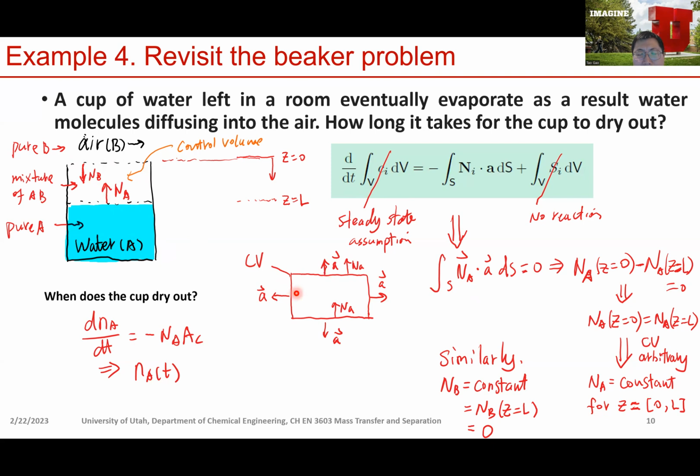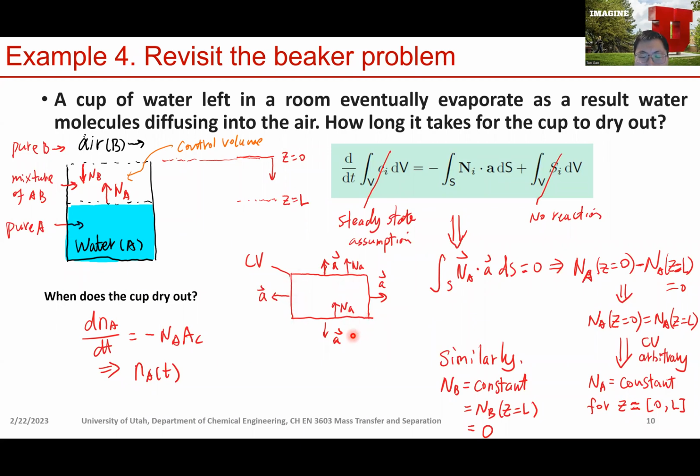When the water vapor is leaving the liquid water phase, the direction of the flux is pointing upward here, and it's also pointing upward at the mouth of the beaker. There's no flux at the wall of the cup or beaker.